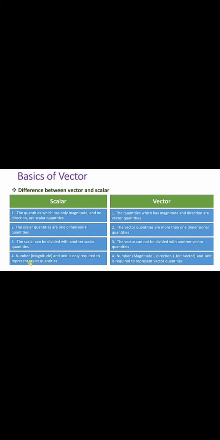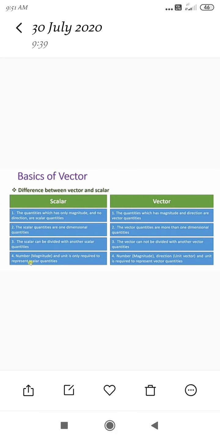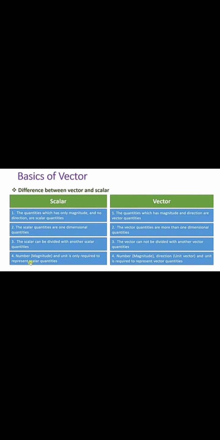The best examples of a scalar are what we already discussed, that is mass and time, whereas the best examples of a vector quantity are force and velocity. Okay, likewise we can compare both of the things, scalar and vector.